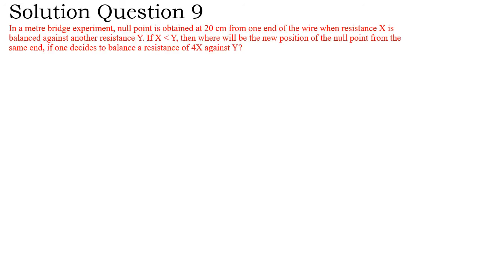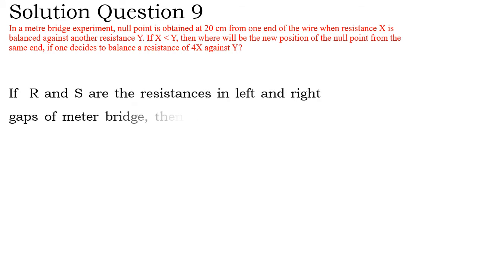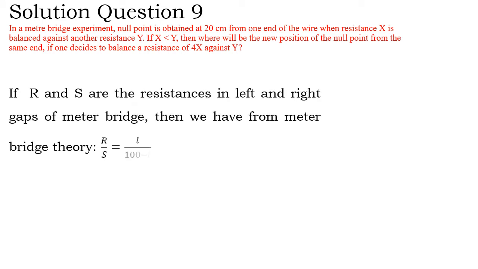Now in case of meter bridge, we already have discussed that there are two resistances, and one resistance we called R, and the second resistance we called S. So let us go ahead and make an assumption in the same way. Hence I'll be considering R and S as two resistances in the left and right gap of the meter bridge.